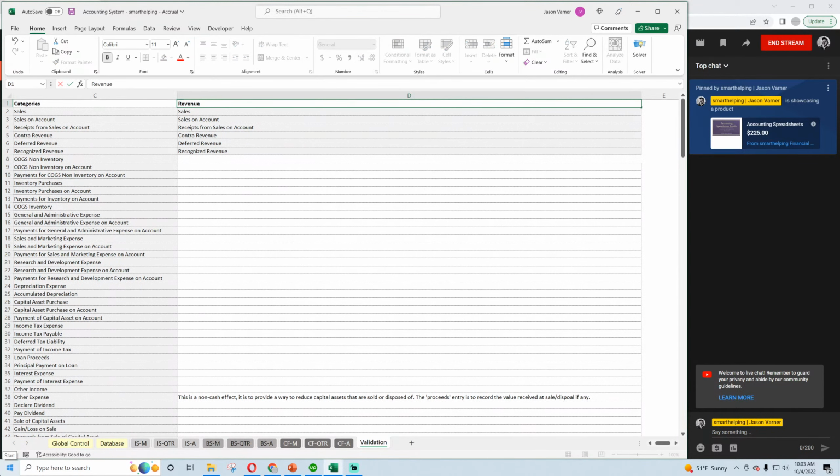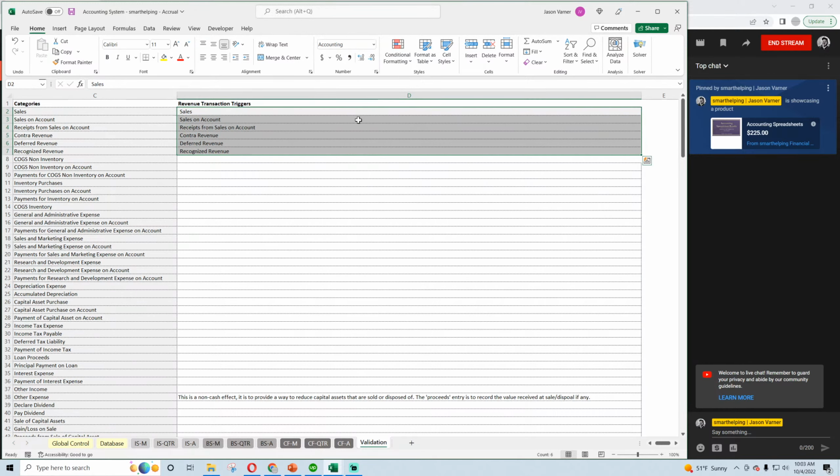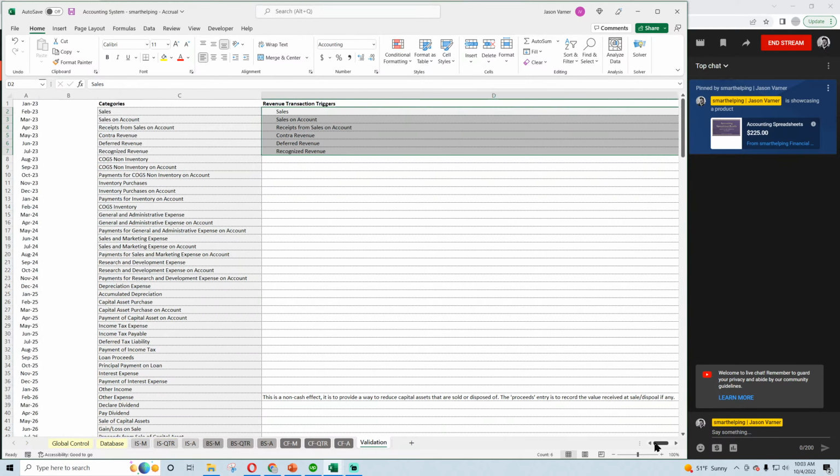Revenue transaction triggers. And let's indent these. I want a bigger indent though. 1, 2, 3. Perfect.